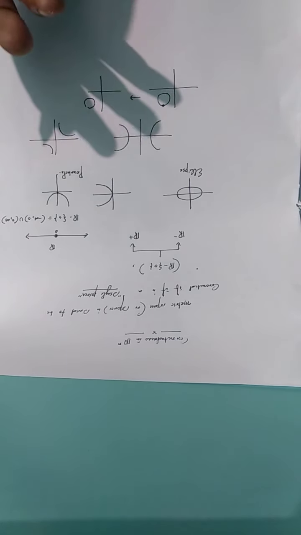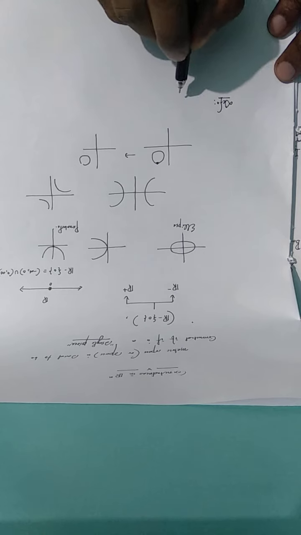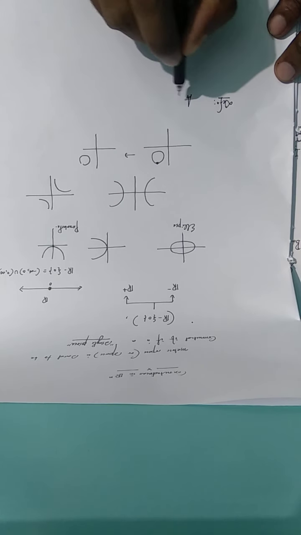But the mathematical definition: a metric space or a space X is said to be connected if the only sets which are both open and closed in X are the empty set and the full space X. So let me write the definition for a connected set, that is the basic definition.